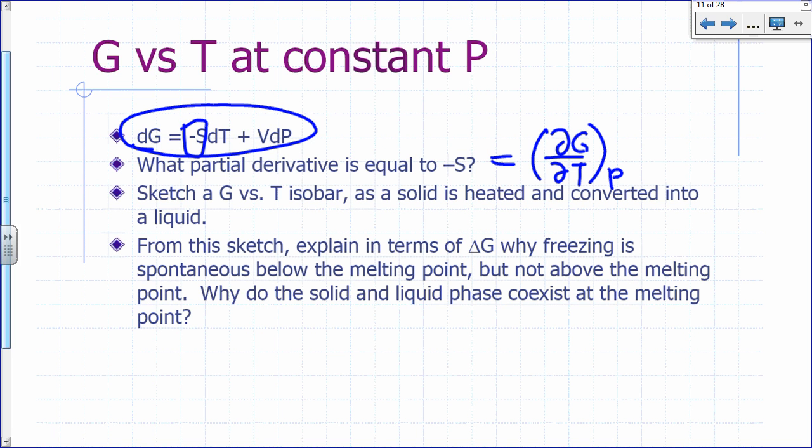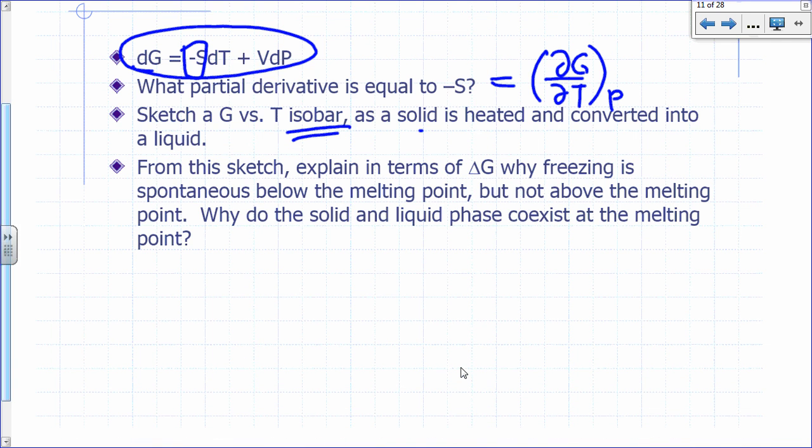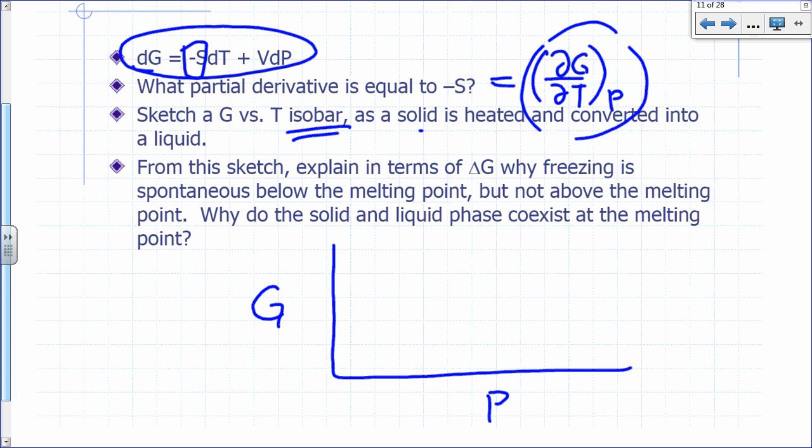So let's sketch G versus T at constant pressure. Isobar means constant pressure, as a solid is heated and converted into a liquid. What would happen?